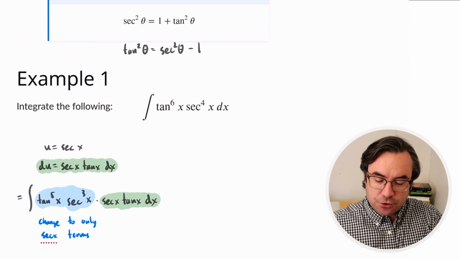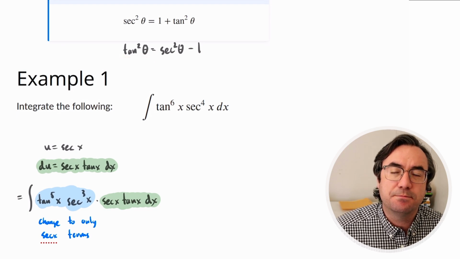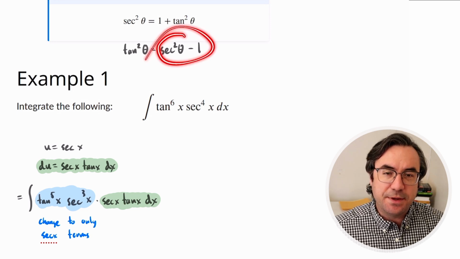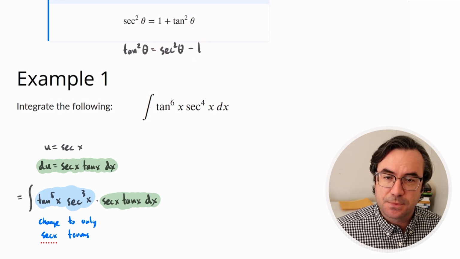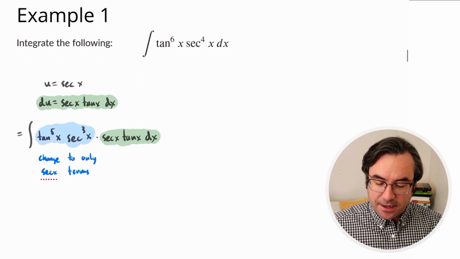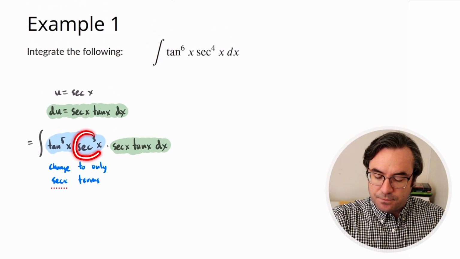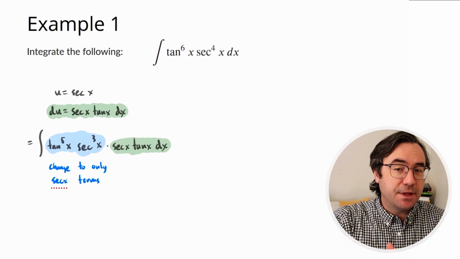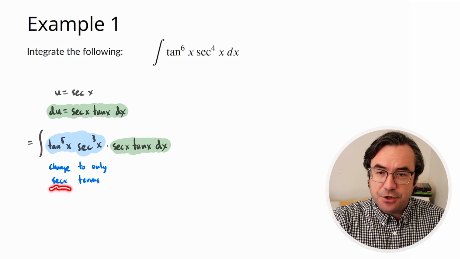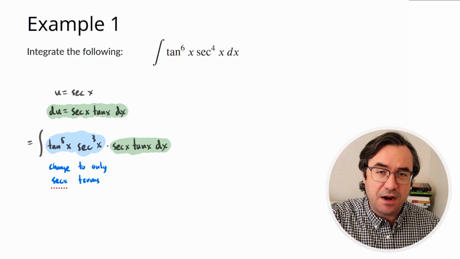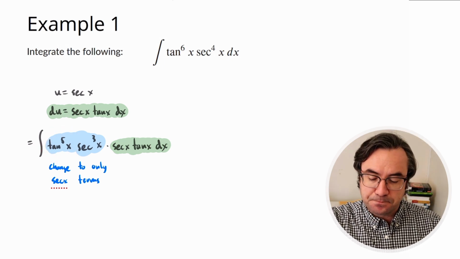Well, we have this trig identity that tells us what tangent squareds are and how we can convert them into secant terms. So the idea is the secant cubed here is fine. That's already secant. So we don't have to do anything with that. It's just this tangent of x raised to the power 5. We're going to have to switch that over.